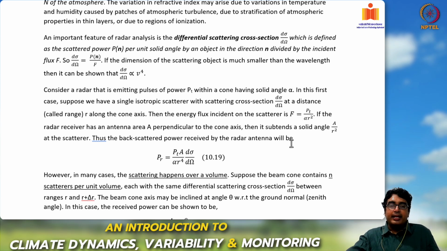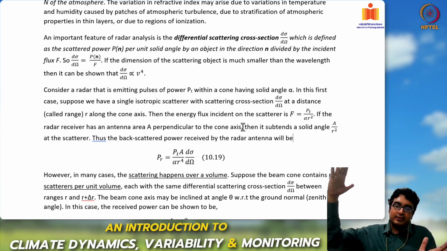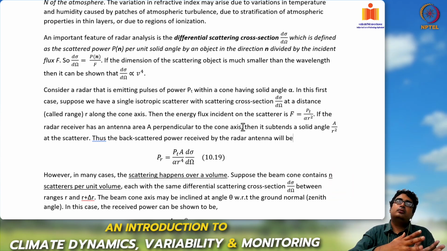If the radar receiver has an antenna area A perpendicular to the cone axis, so the radar not only transmits the radiation, it will also have a receiving antenna, and this antenna will have a certain receiving area A. So if the receiving area is A perpendicular to the axis of the cone, because it will scatter back towards the transmitter along the cone axis only, then it subtends a solid angle A by r square at the scatterer.